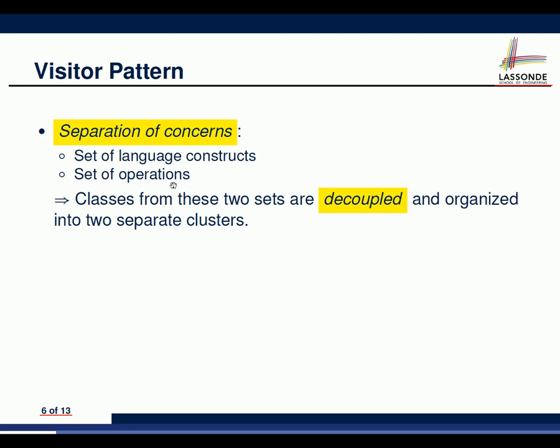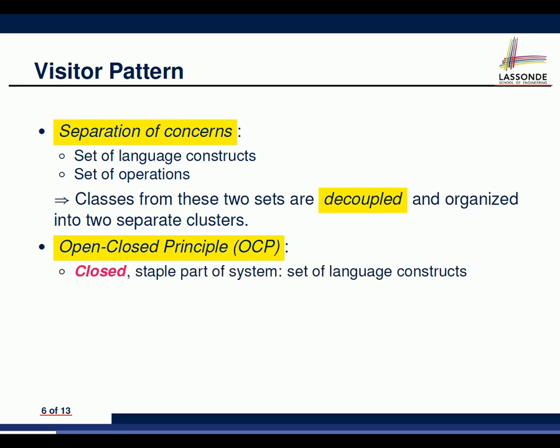You can imagine that eventually you can put all the classes for language construct in a separate cluster, whereas all the classes for operation in another cluster. But you will see the architecture diagram. And the open-close principle, okay? What would be closed for the visitor pattern? Basically, closed would be the language construct, which means it would be violating certain design principle if you try to extend the structure of the language by adding a new language construct.